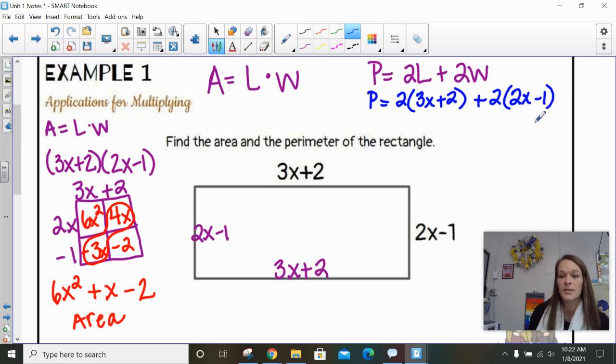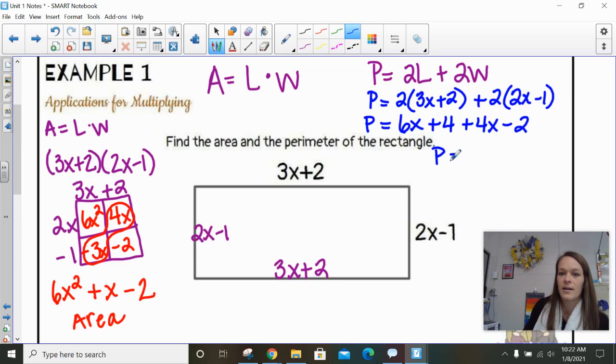So the first thing I'm going to do is distribute. Well, 2 times 3x is 6x. And 2 times 2 is 4. So that's plus 4. 2 times 2x, that's 4x. And 2 times negative 1 is negative 2.